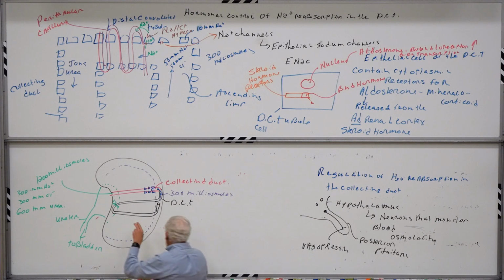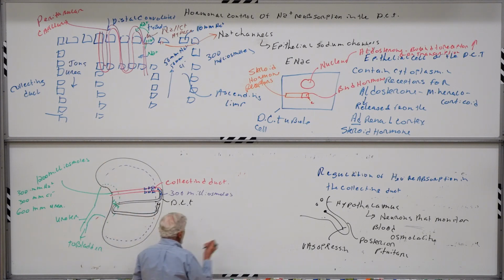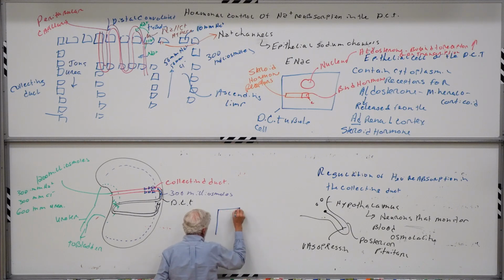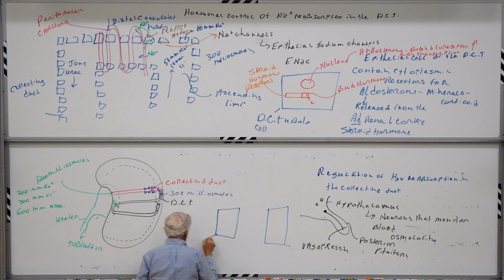Now, in these epithelial cells, I'll label this as a collecting duct epithelial cell.